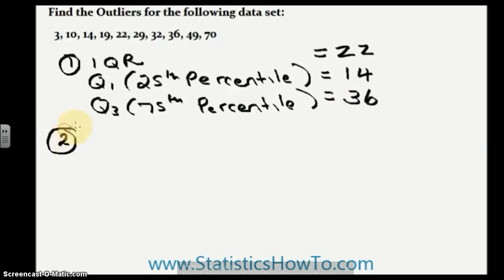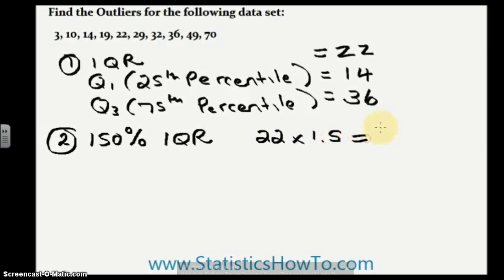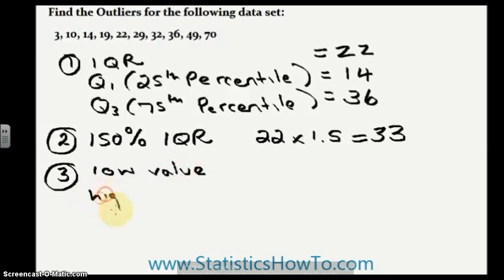Step 2, I want to find 150% of my IQR. So we multiply 22 by 1.5 to get 33. Step 3, I'm going to make 2 calculations. I'm going to find a low value and a high value.